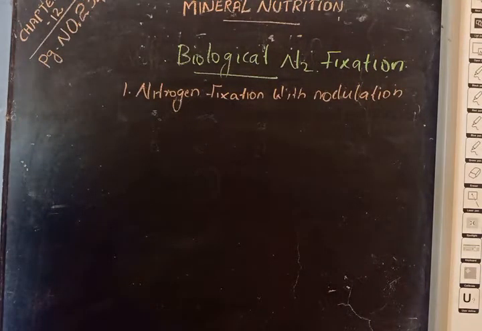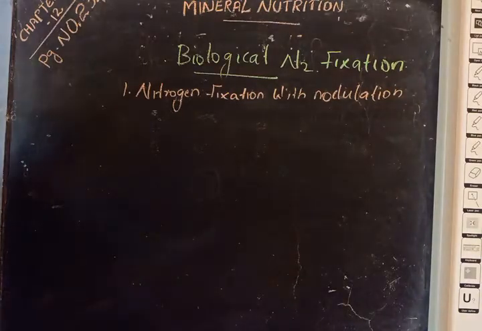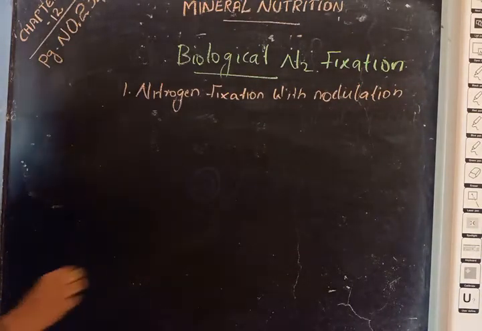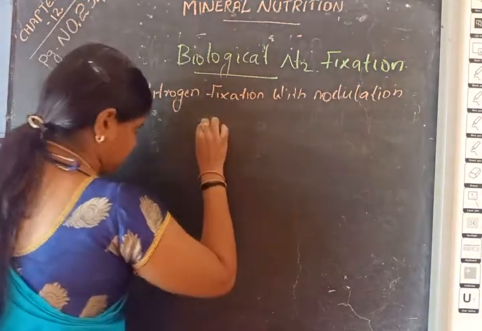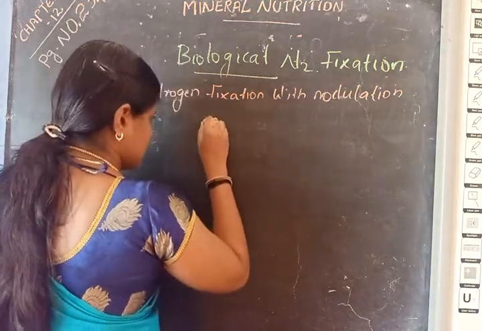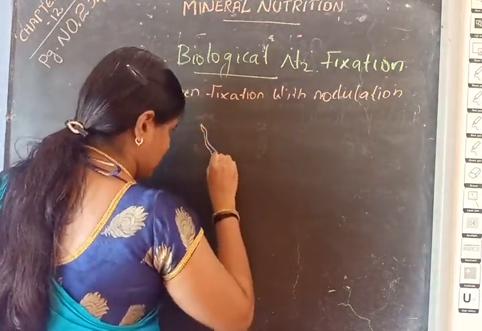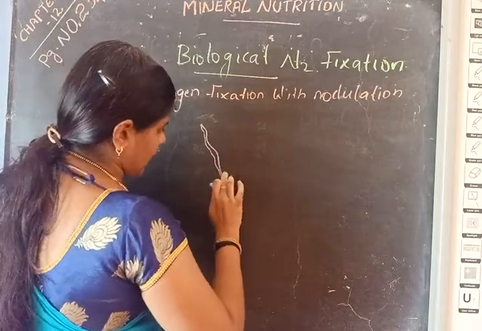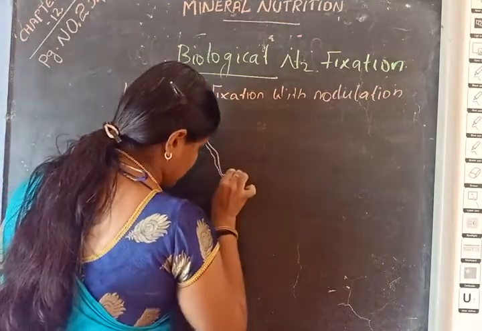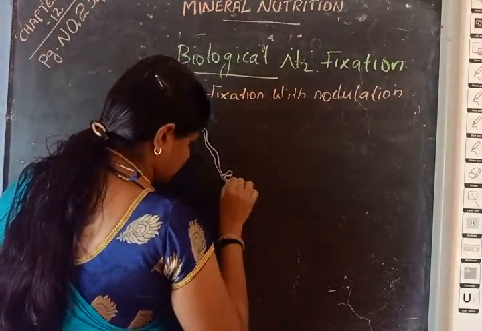Cytokinin from bacteria and auxin from host plant promote cell division and lead to nodule formation. Actually, this is the root hair, and in the root hair you can see some nodules.